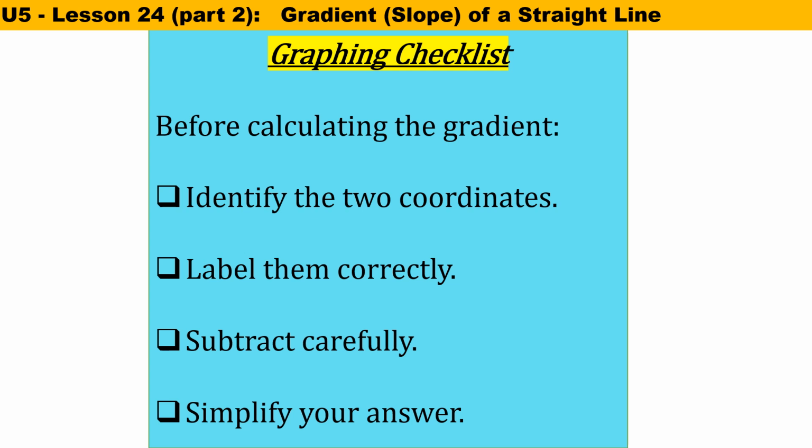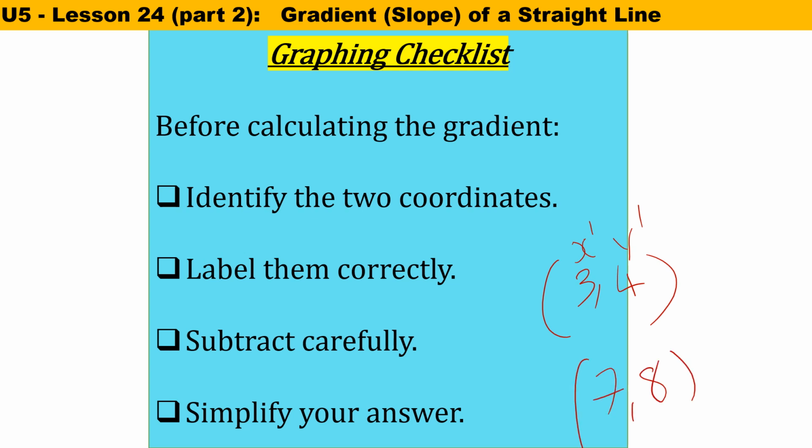So remember, when you are doing graphing and you are calculating your gradient, you need to identify the two coordinates, then label them correctly as I've shown you. Identify means you are given the point (3, 4). Identify which is x1 and which is y1. Identify your second coordinates, which is (7, 8).